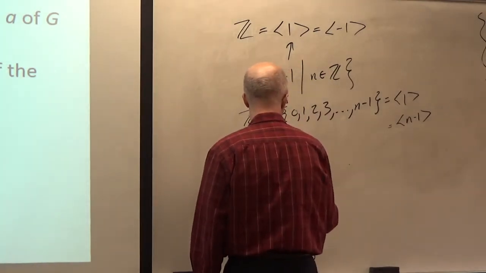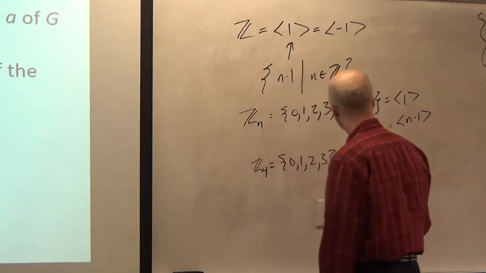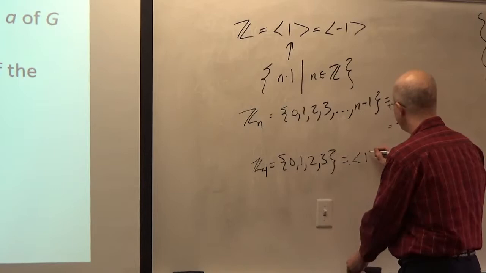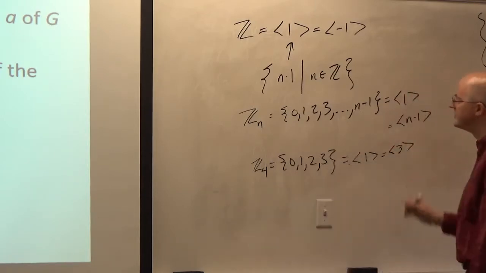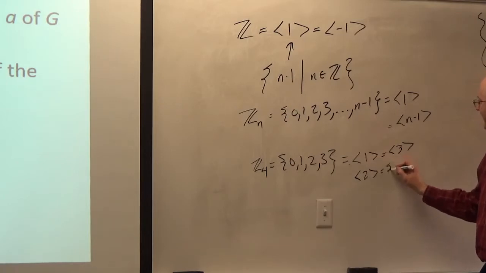Z4 is an example where there are exactly 2 generators, 1 and 3. 2 is not a generator because the cyclic subgroup generated by 2 is not the entire group. It's just 0 and 2.